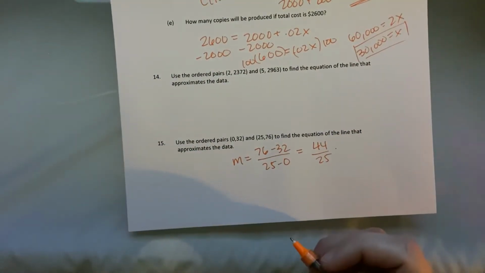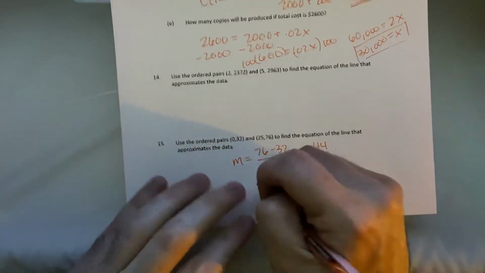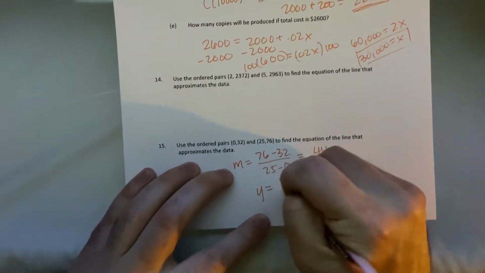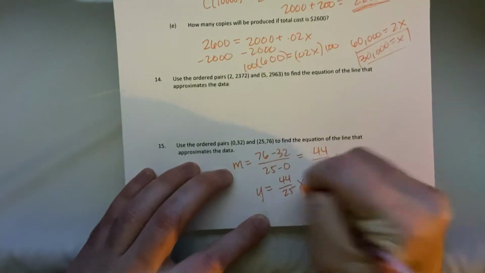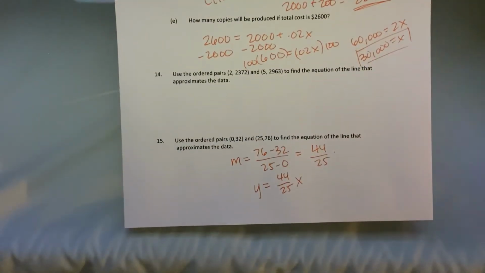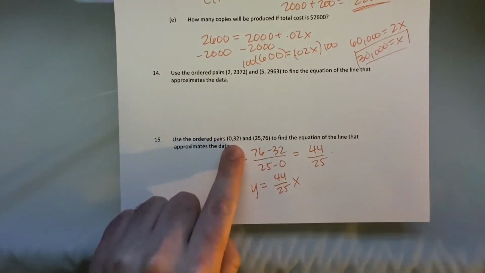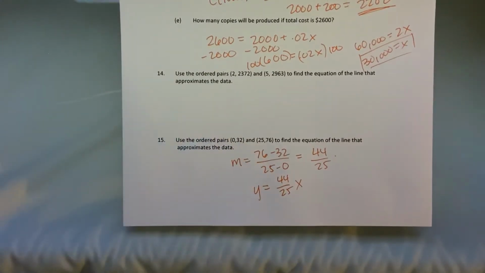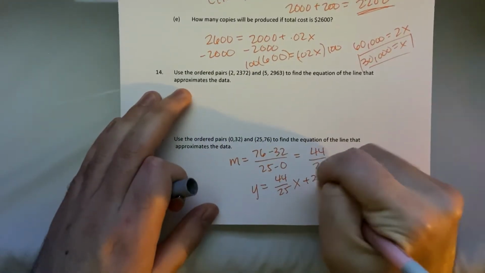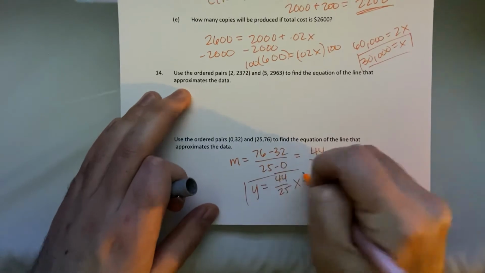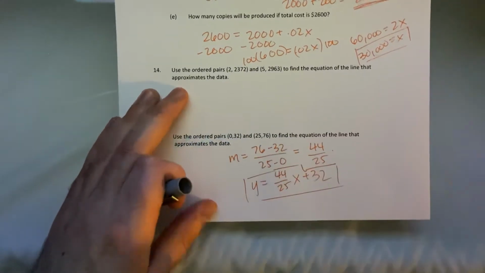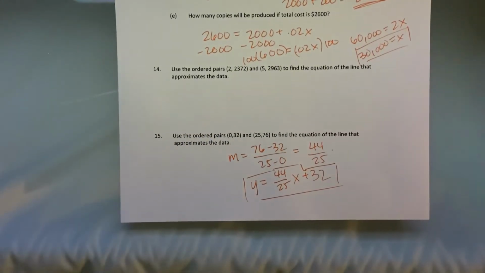Okay, so we have the equation y equals 44 over 25 x plus b. Now it's nice for us to have this 0, 32 coordinate because then our b is just that 32. It's whatever our value is when x is 0. So not too bad at all.